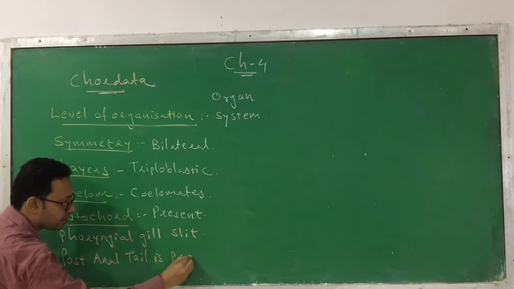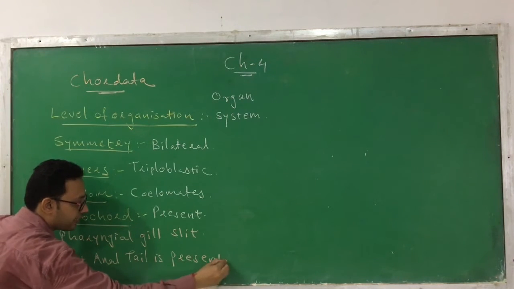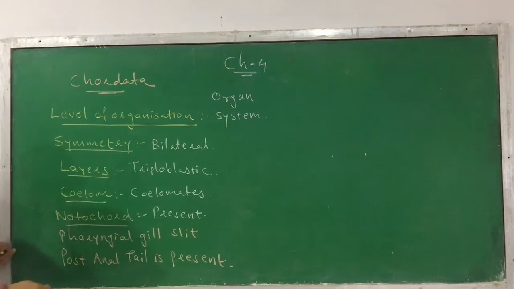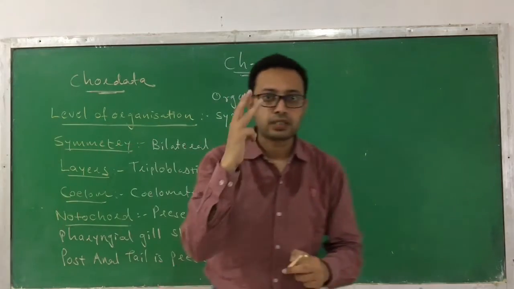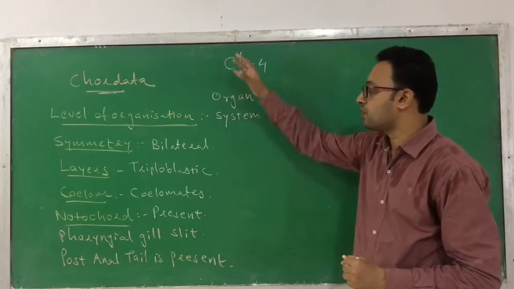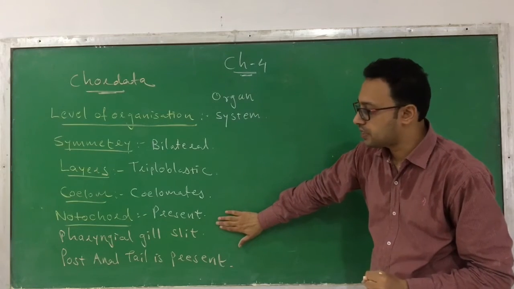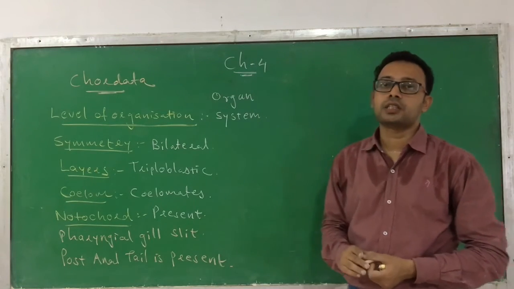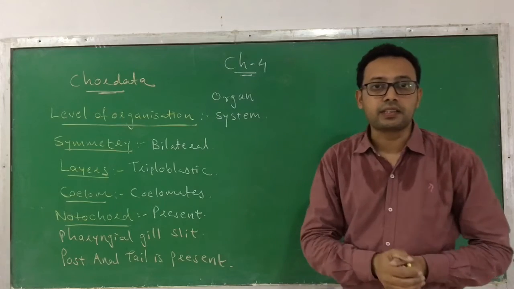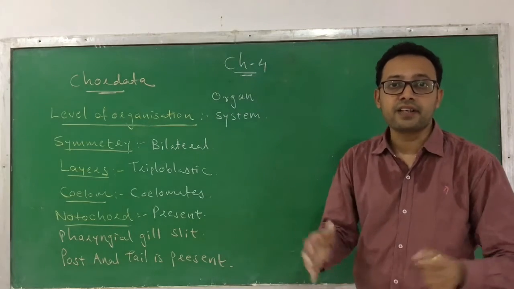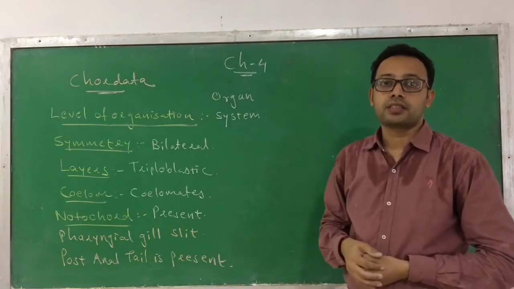So there are 3 most important characteristics you can find in a chordate: notochord is present, pharyngeal gill slit is present, and the post-anal tail is present. And these 3 characteristics make it different from the non-chordates.